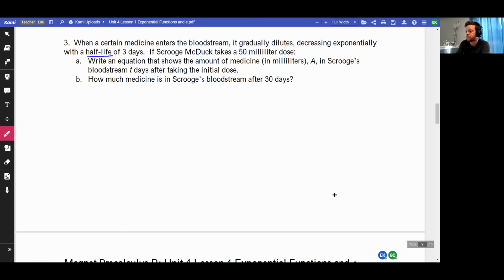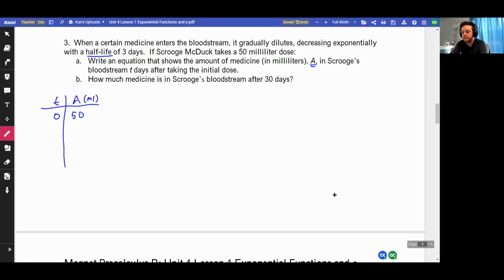So we start with 50 milliliters. At time 0, we have, a is our dependent variable. We start with 0 and we have 50 milliliters.